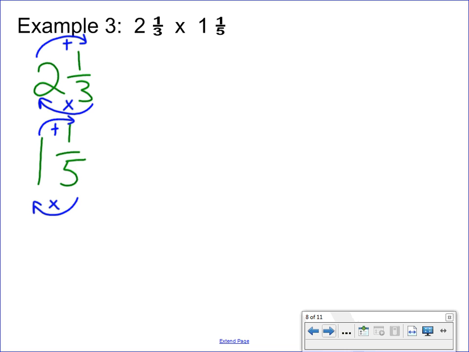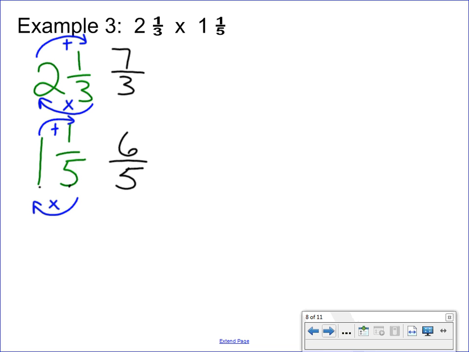You take the denominator times the whole number and add the numerator. So up top here, 3 times 2 is 6 plus 1 is 7. And my denominator stays the same. Down here, 5 times 1 is 5 plus 1 is 6. And my denominator, again, stays the same.